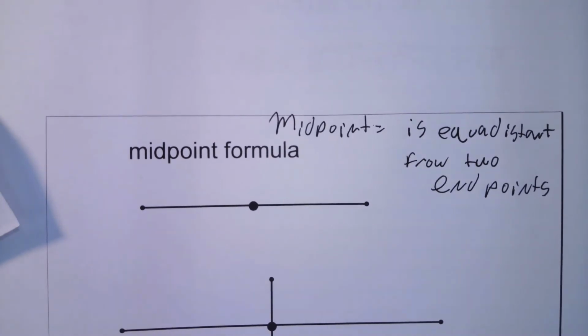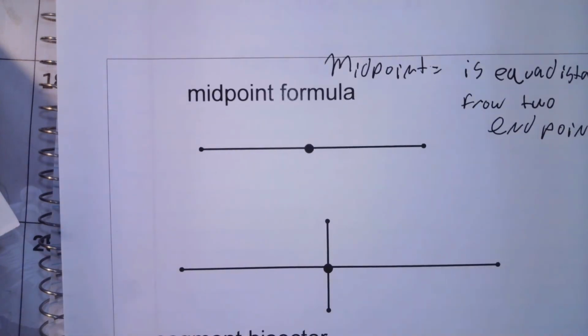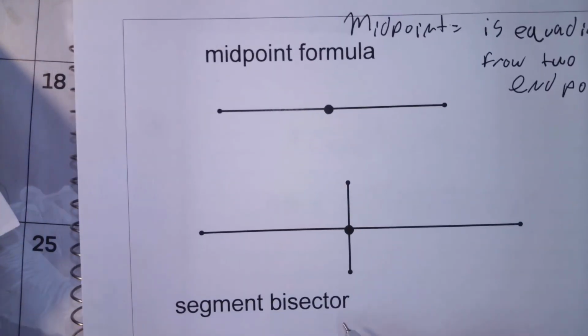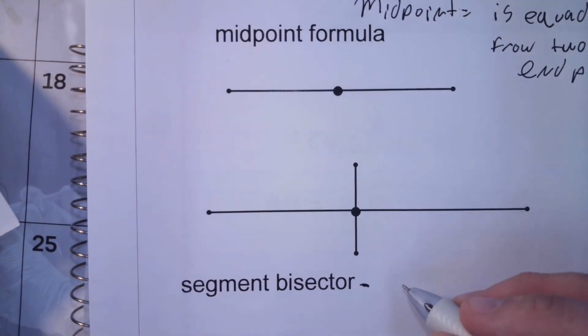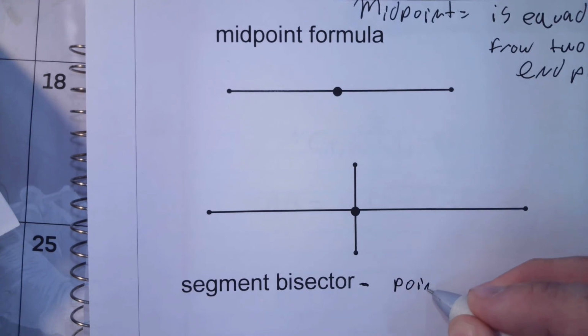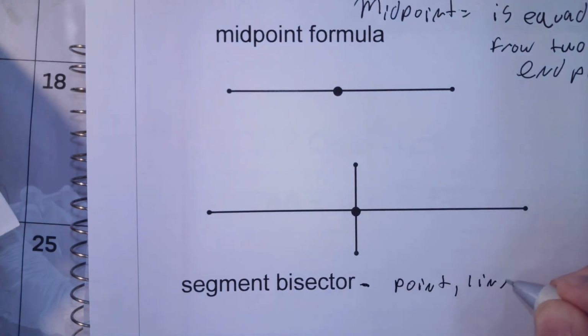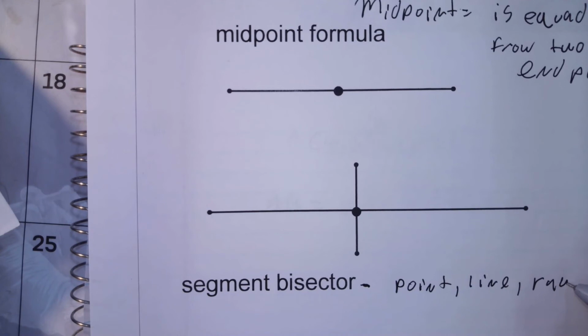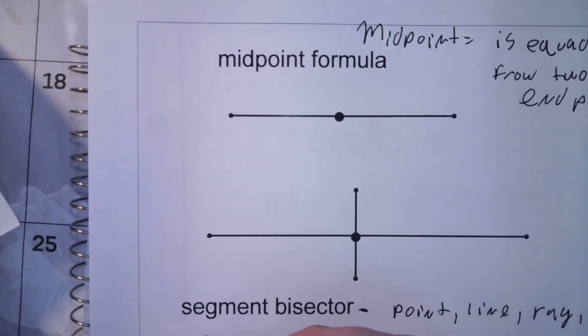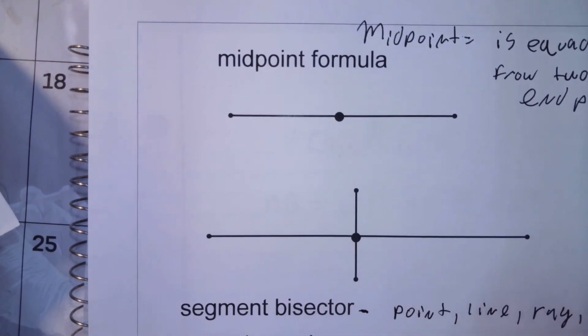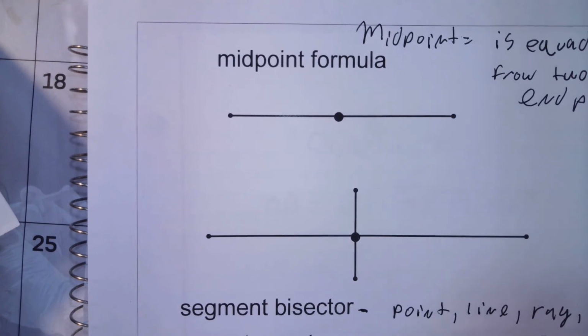Okay? Let's look at this other definition before we get into the formula. A segment bisector is a point, line, ray, segment that intersects a line segment.